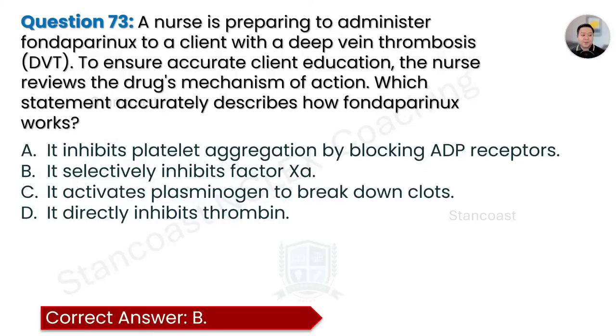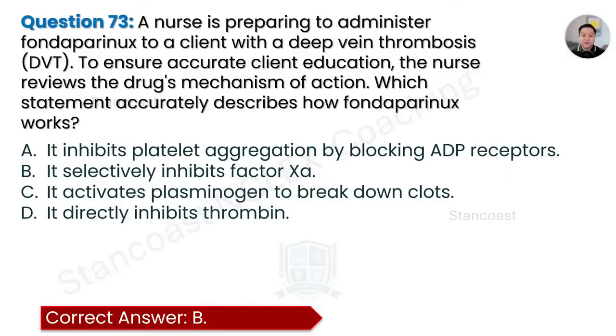So if you selected letter A, this is incorrect because this describes the mechanism of action for clopidogrel, which blocks ADP receptors to prevent platelet aggregation. And letter C is a description of thrombolytics like alteplase or TPA, which activate plasminogen to dissolve existing clots.